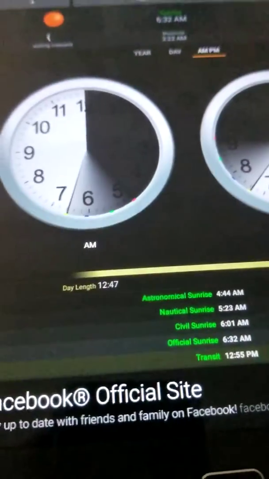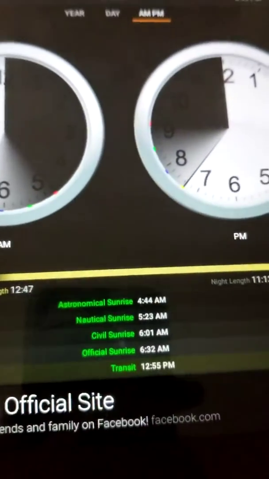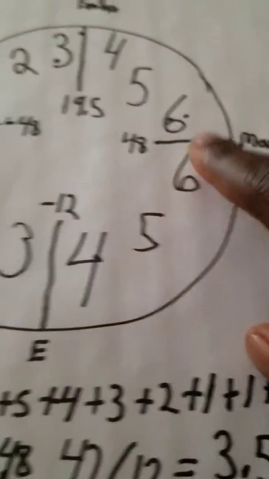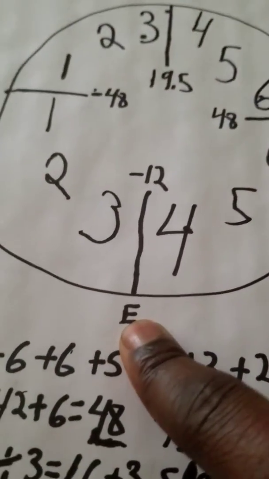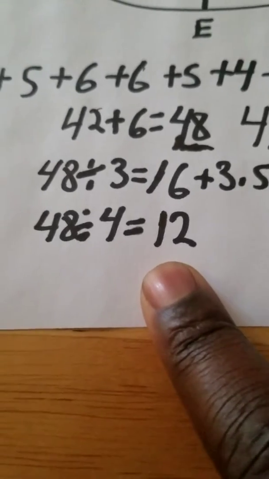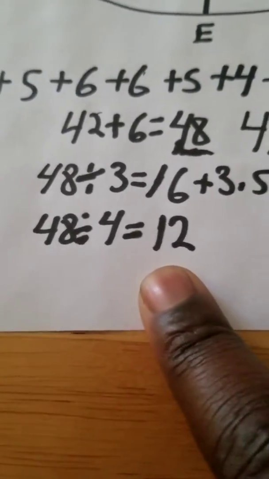Hit that OK button. Now you don't see no equal day and equal night there because now it's a new latitude. Because now we're not up here, we're right here. So because we're right here, it's a different latitude. So what would that latitude be? It's going to be latitude negative 12 degrees below the equator.